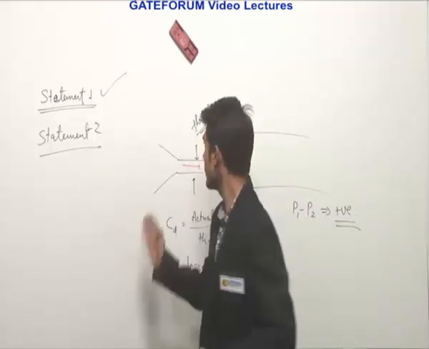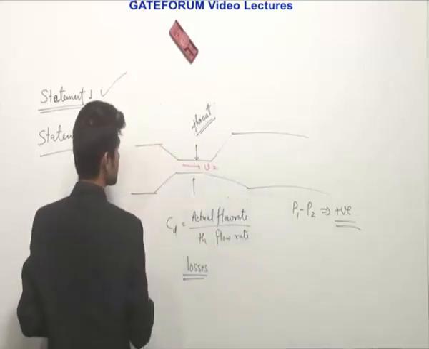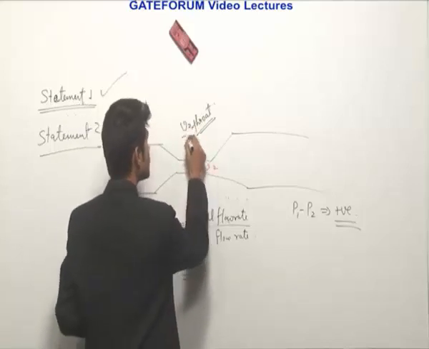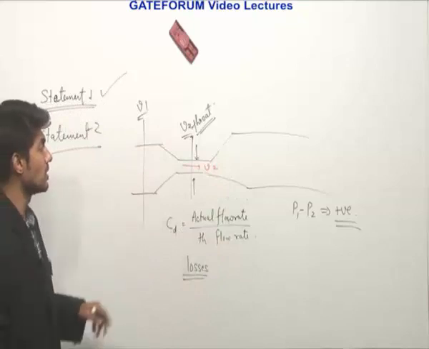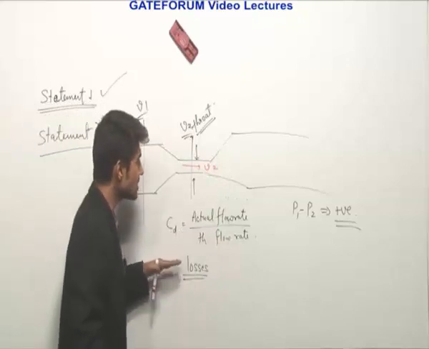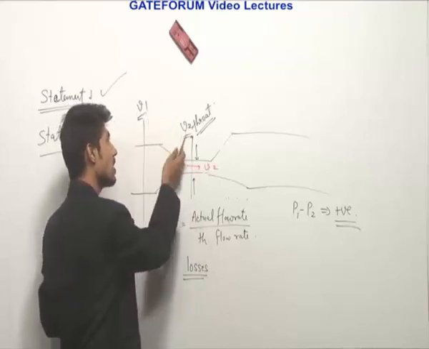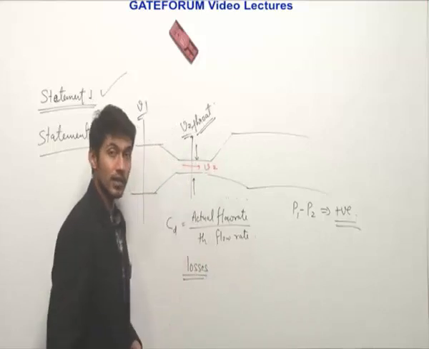It is incorrect because we already know that the flow is non-uniform. At this location velocity is v1, at this location velocity is v2. We have made our device to work in non-uniform flow. But coefficient of discharge is not dealing with these v1, v2 terms, because v1, v2 are the terms through which we are calculating theoretical flow rate.